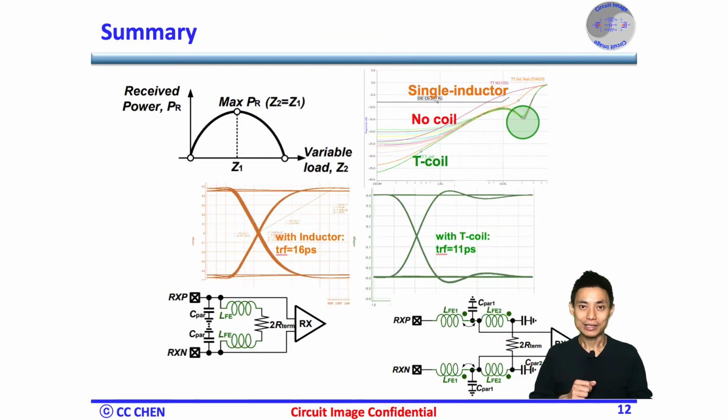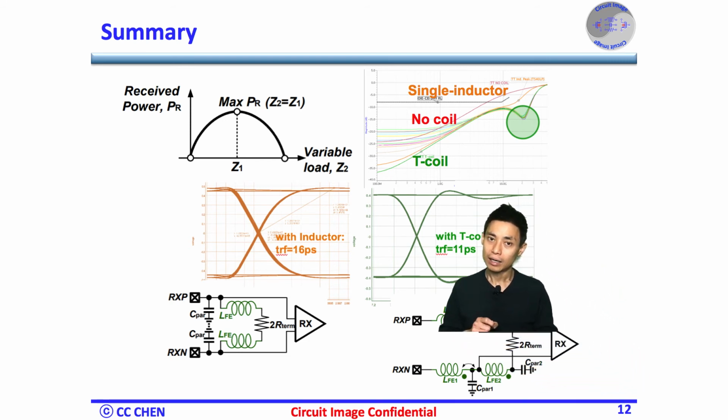Here is a summarized image you may have for why you need T-coil impedance matching in a high-speed SerDes system. The goal is to maintain the signal integrity to reduce the bit error rate. The signal integrity could be improved by adding impedance matching, which will increase the signal-to-noise ratio, SNR.